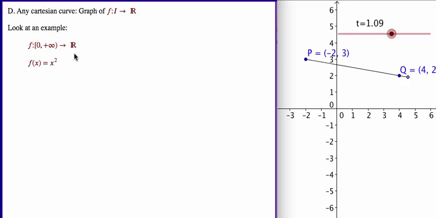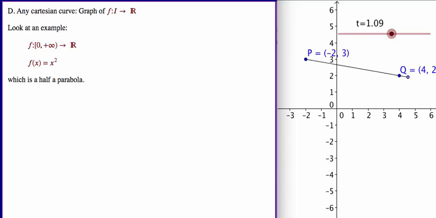And what domain should I use? Well, just to be naughty, I will use only half the real line as the domain, only the non-negative real numbers. And so the graph of this, as you should know by now, is not the entire parabola y equals x squared, but it's half of a parabola. So this is half of a parabola, namely the right-hand piece, correct?